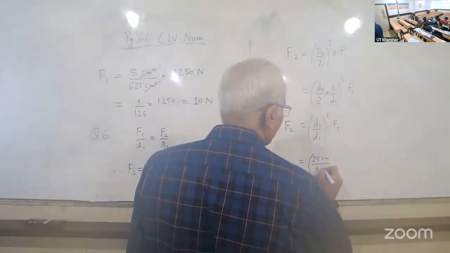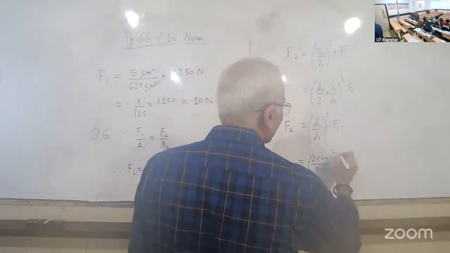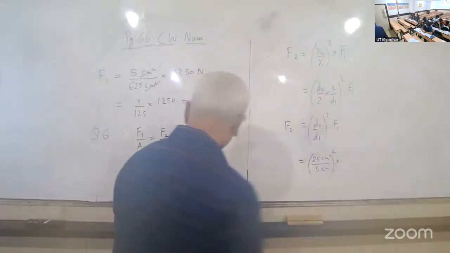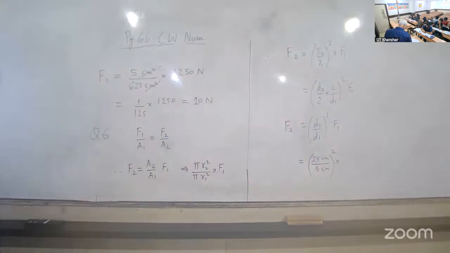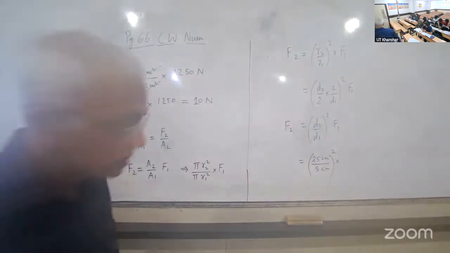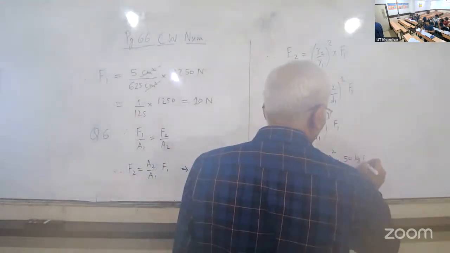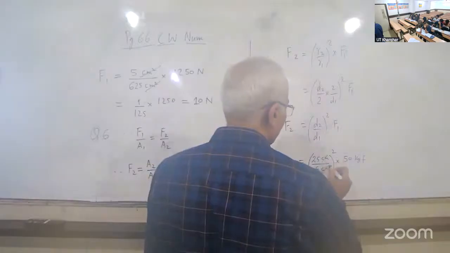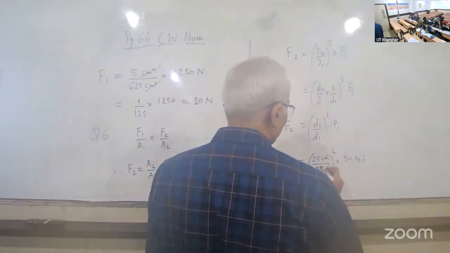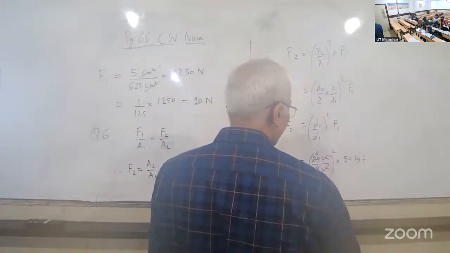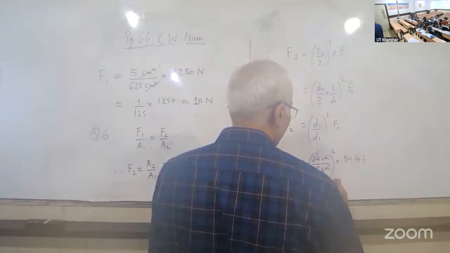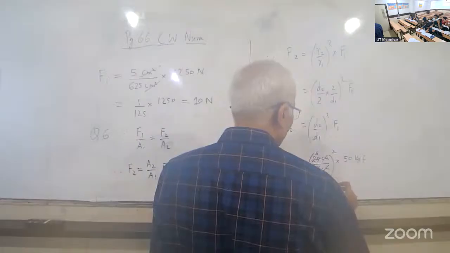This is 5 centimeter. Square of that. And what is F1? Force of 50 kgf. So this is 50 kg. This is cancelled. This is 5. So 25 into 50.